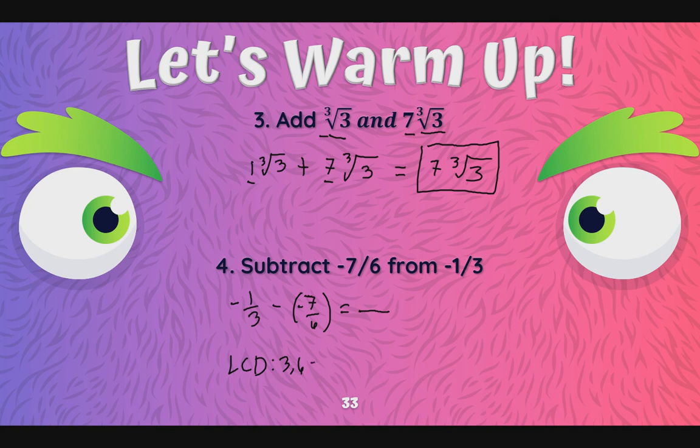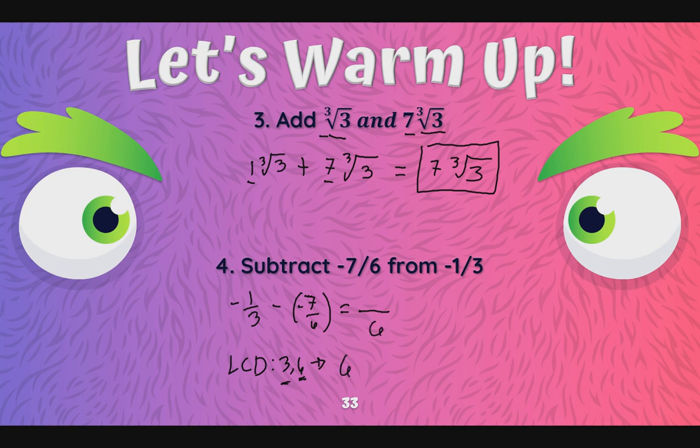The LCD of 3 and 6 is a number that can be divided by 6 and can be divided by 3. So that number is 6.